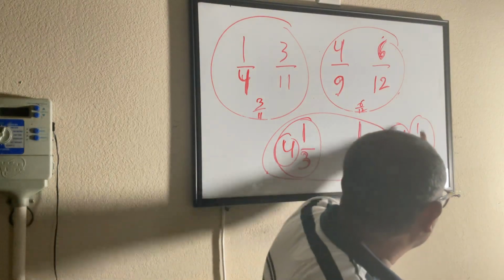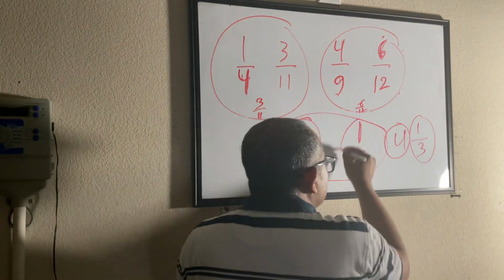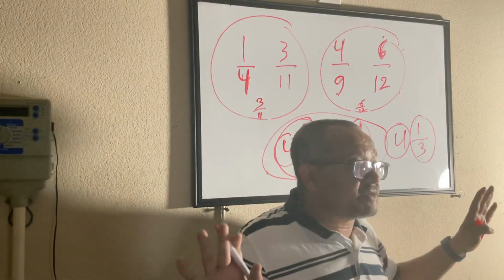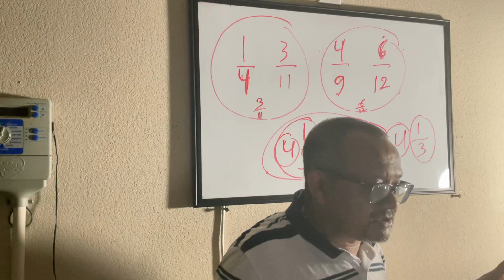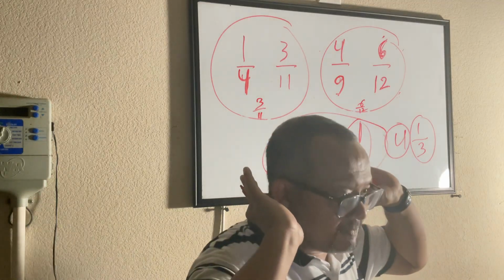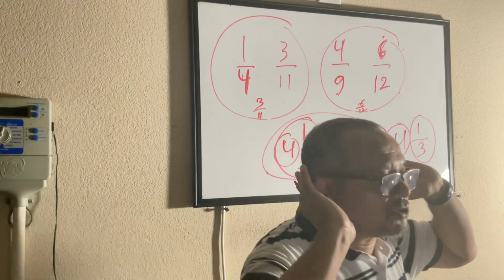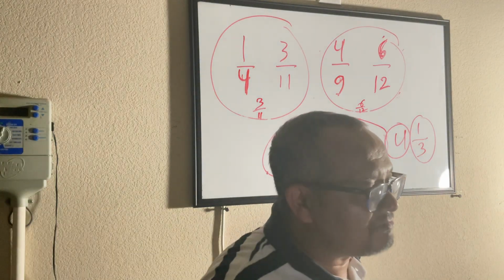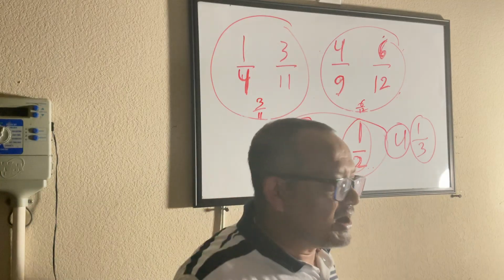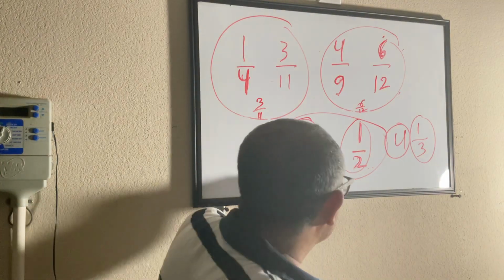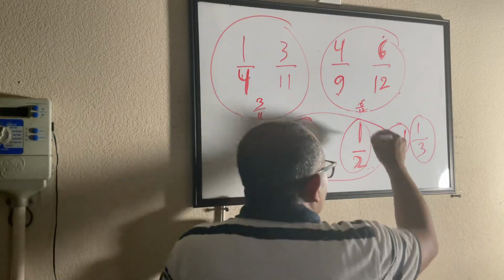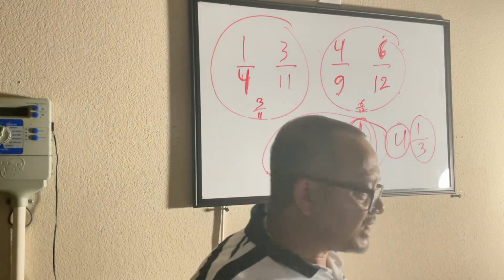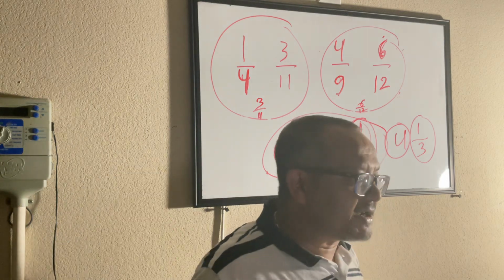Like $4 and 1/3 of a dollar. And this is half of a dollar. Under any circumstances, even if you are half asleep, even if it is 4 o'clock in the morning, even if it is 2 p.m. with pitch dark outside, 4 1/3 will be bigger than any number which is less than 1. 1/2 is less than 1.